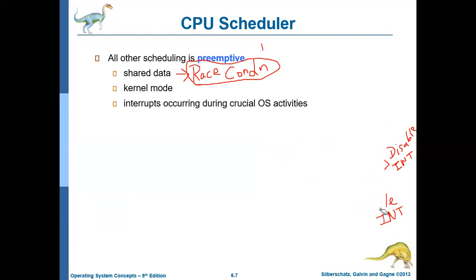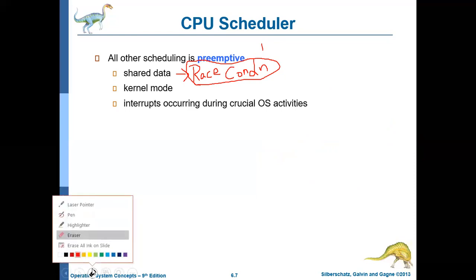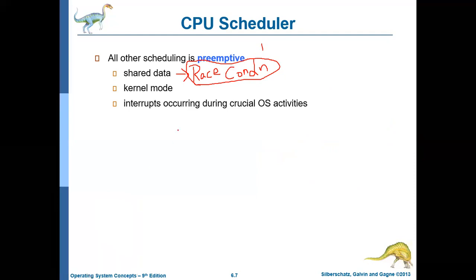The third case is when the CPU is executing some crucial OS activity, and during that time an interrupt is raised, which may lead to inconsistent operation. To avoid that, whenever an operating system performs a crucial task, the first step is to disable the interrupt, then perform the task, and once the task completes, enable the interrupt, so that it will not be disturbed by interrupts.